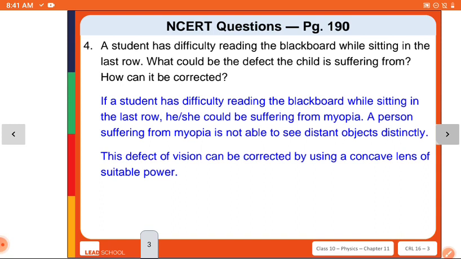A student who has difficulty reading the blackboard while sitting in the last row could be suffering from myopia, because in case of myopia the human eye cannot see distant objects clearly, but sees nearby objects clearly. So a person suffering from myopia is not able to see distant objects. In this case the defect of vision is corrected by a concave lens with a suitable power.